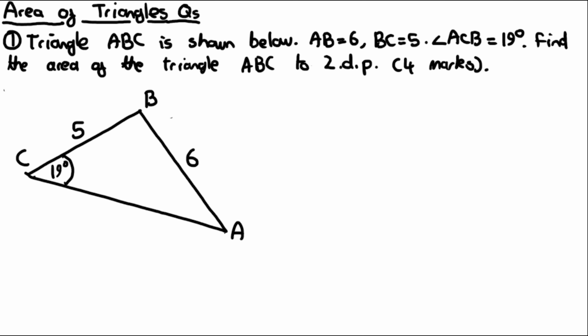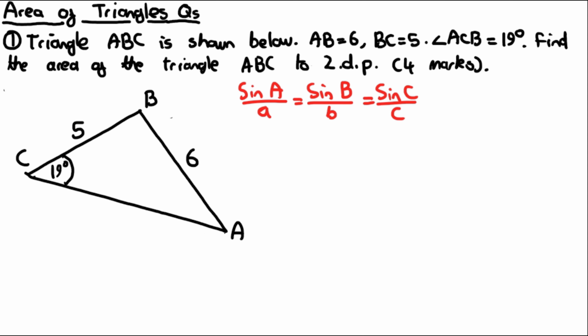And what we can do is, because we have this side, we can find this angle here. So because we're finding an angle, we're going to use the version with the angle on the top: sin A over a is equal to sin B over b, which is equal to sin C over c.